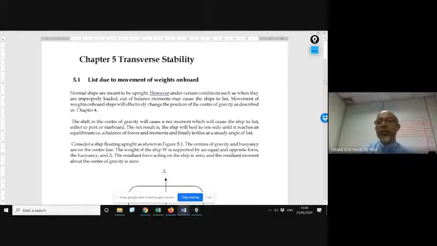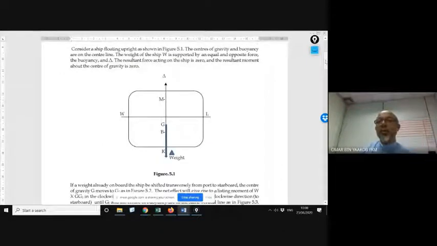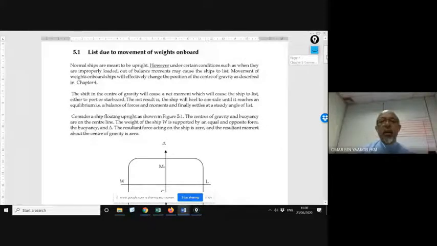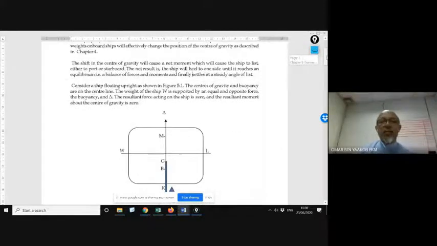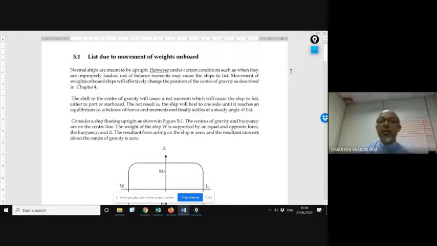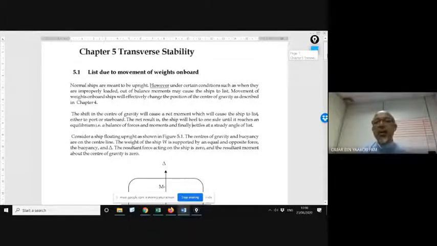So we are looking at the ship in this way. In chapter 4 we looked at the first part of transverse stability, basically the effect of GM, the metacentric height, on the transverse stability. In this chapter we are looking at the continuation of that.